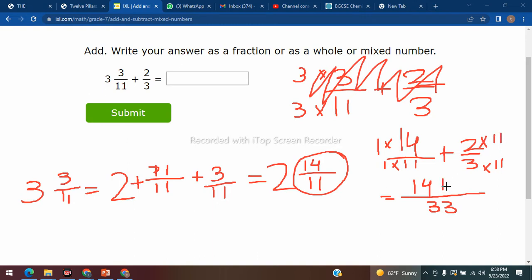We still good. 2 times 11 is what? 22. It's going to be over 33. What is 14 plus 22? You say 14 plus 22? Mm-hmm. Oh, that's 36. That's quick math. 4 plus 2 is 6. 36. Good. So this is 36 over 33.